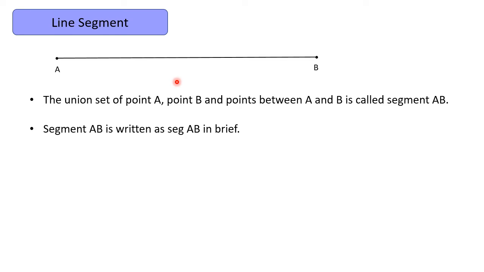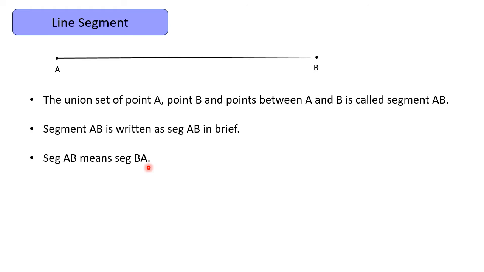Next point is segment AB. It is written in short as seg AB. Seg AB means segment AB, and it means segment BA also. So AB can also be written in opposite form as segment BA.